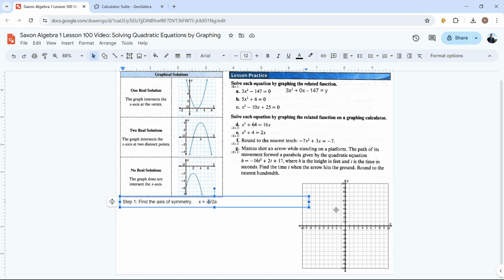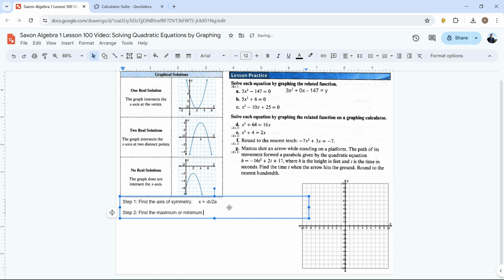Our axis of symmetry is the line x equals 0, which means it's the y-axis. That means that we're going to be symmetrical across the y-axis. Now, that's really nice because it makes a parabola easy, but it's not nice for this method because step 2, once we find the axis of symmetry, is to find the maximum or minimum point.